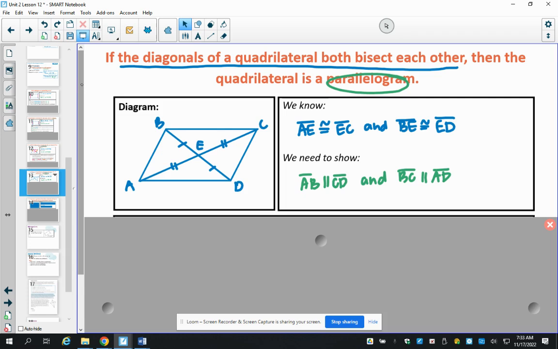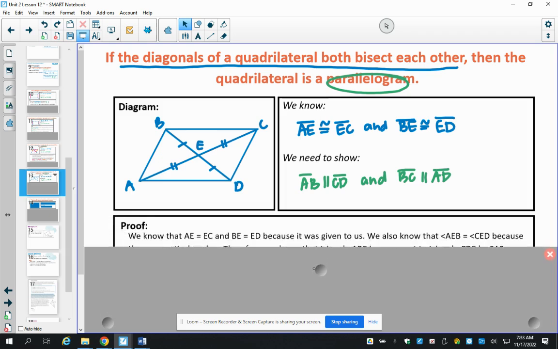Then we'll be able to take their parts to get alternate interior angles that are congruent and prove the lines are parallel. So we know that AE and EC are equal, BE and ED are equal because it was given to us. Okay, we also know that angle AEB is congruent to CED because they're vertical angles.